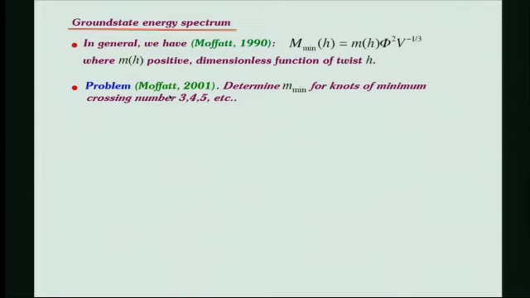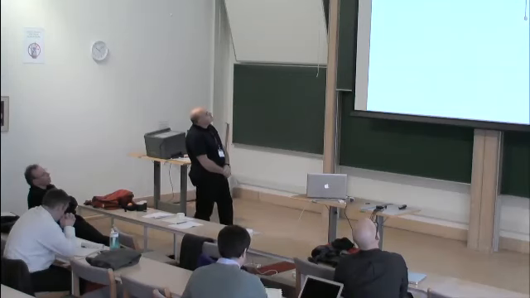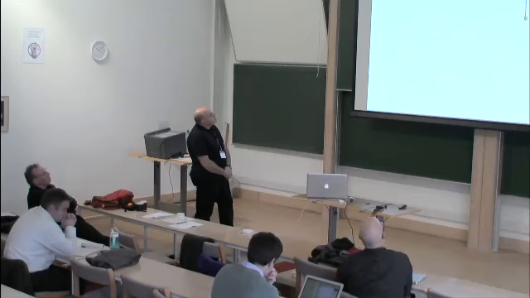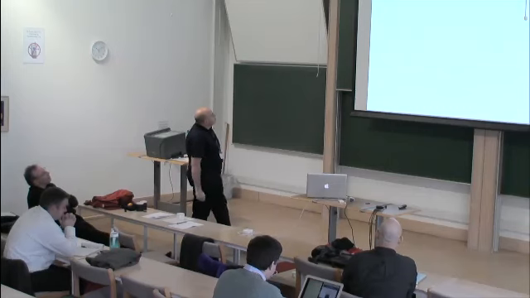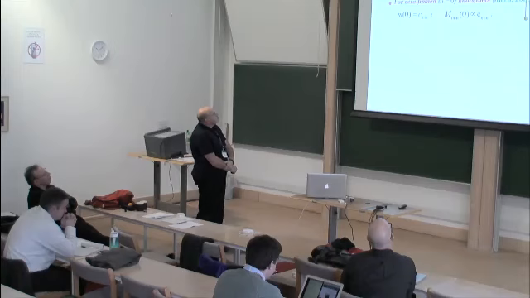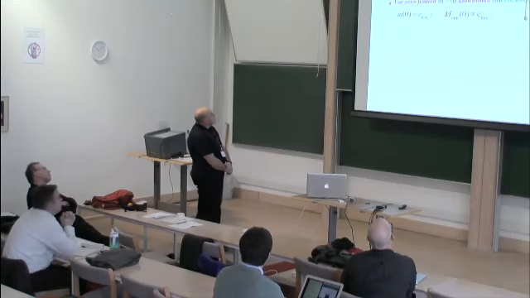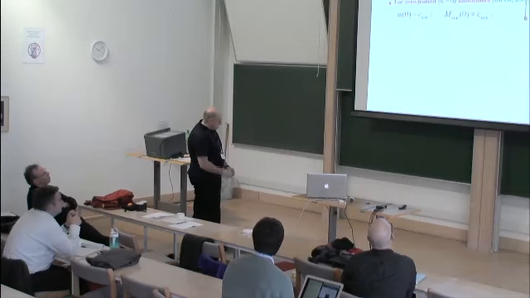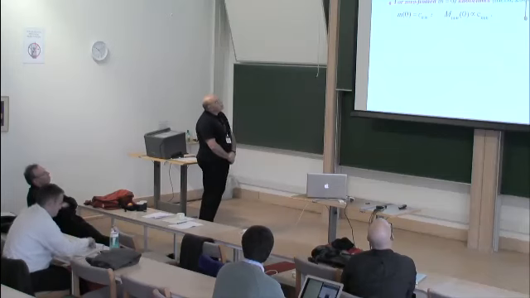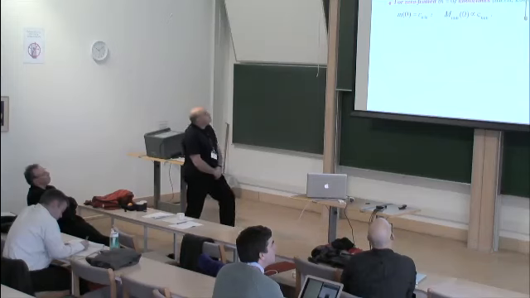So in 2001, Keith just focused on this problem, determine m min, i.e. the minimum of the function m of h at a given level of h, the twist, for knots of minimum crossing number 3, 4, etc. Okay, so for zero-framed knots and links, we can prove that m at 0 is actually C min, and this is consistent with the speculations of Keith in 1990 about the relationship between m of h function and topology of the system at the relaxed state.